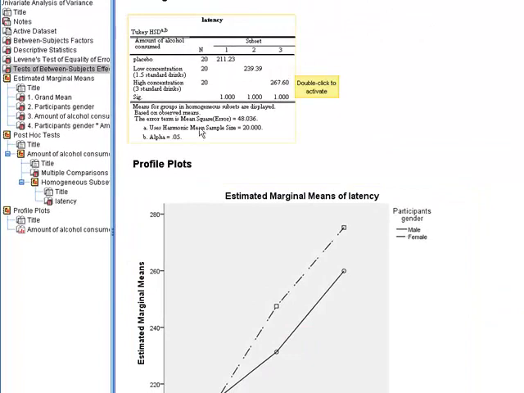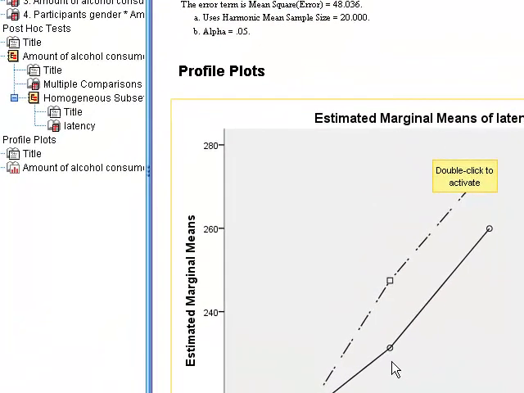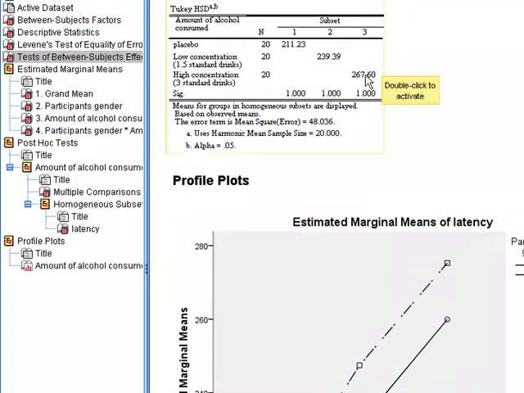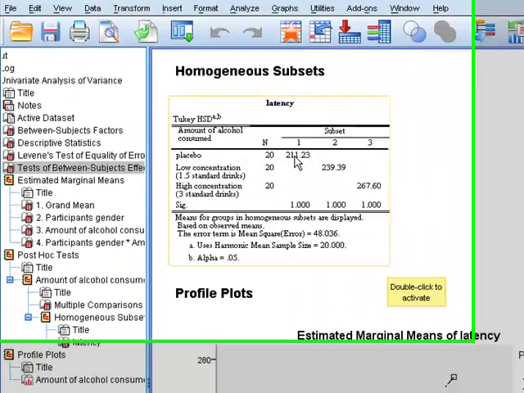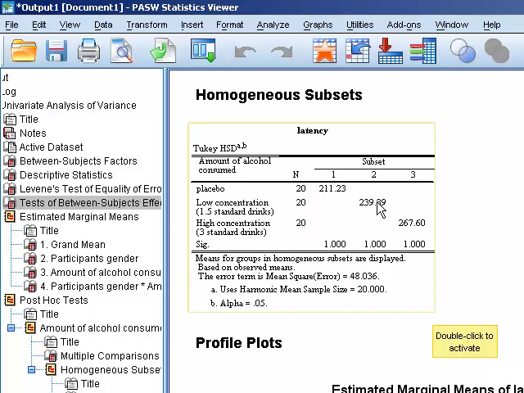If we then go up to ask the question, has there been an effect of dose? Now this is again collapsing over both males and females, ignoring whether you're a male or a female. The Tukey test here says group 1, the placebo, is significantly different from group 2 and from group 3, so they're each in a separate column.